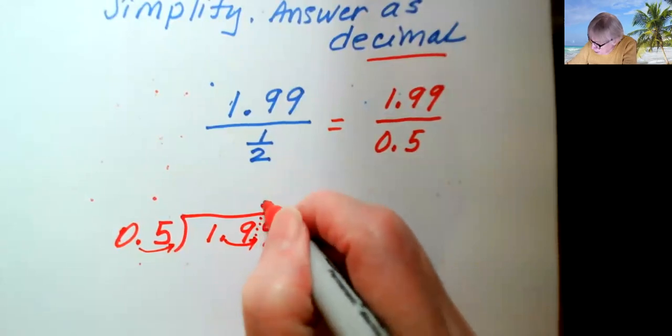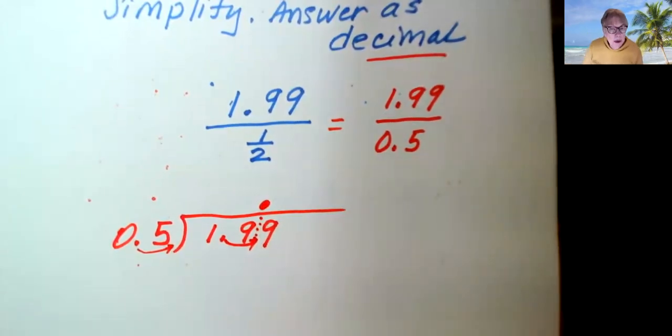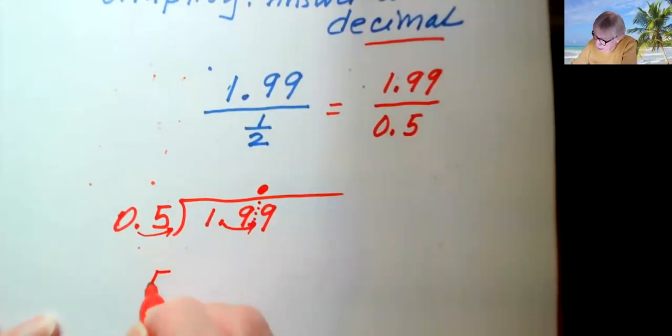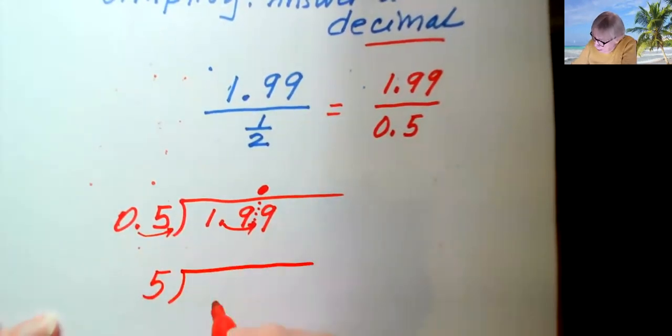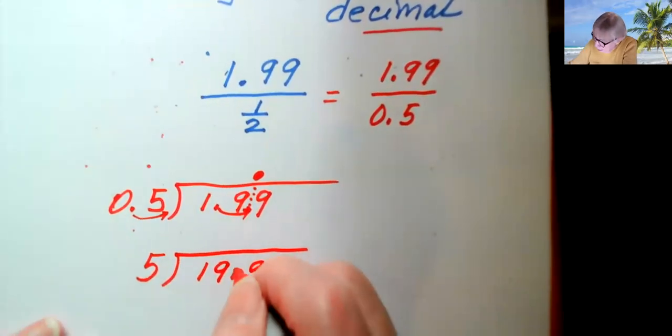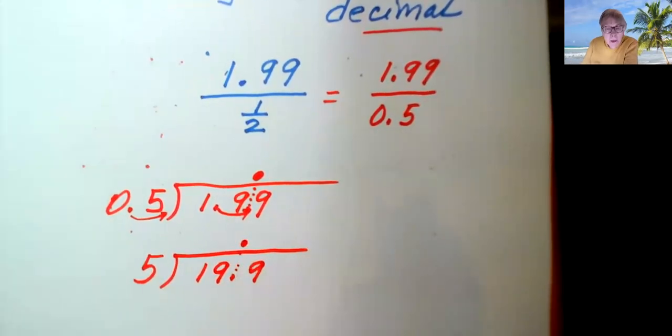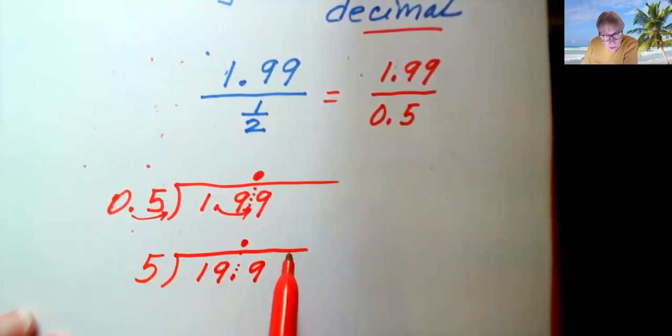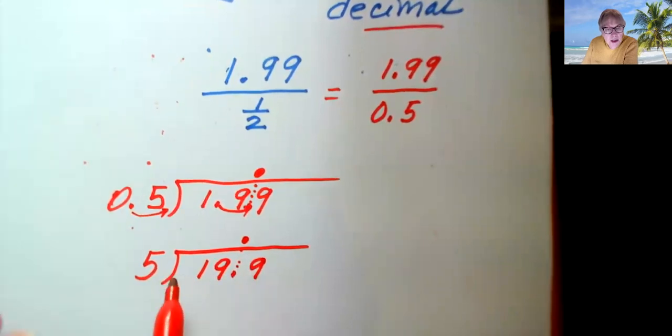And at that point, bring your decimal up before you forget. So this is actually the number 5 into 19.9. So it's up to you whether this is too messy and you want it nice and clean, and then the decimal comes up. We should be able to do this now because this is a simple thing to finish.